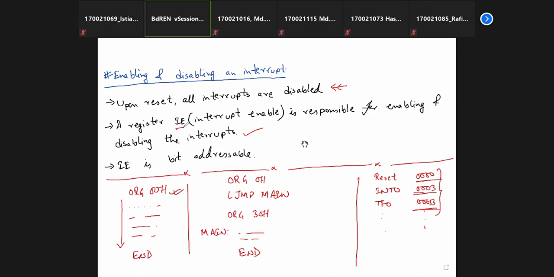You can enable or disable any interrupt using the IE register. And the most important thing is this register is bit addressable, so you can access separate bits of this register separately, no problem with that. If you do not have any question, I'm moving forward to discuss the IE register.